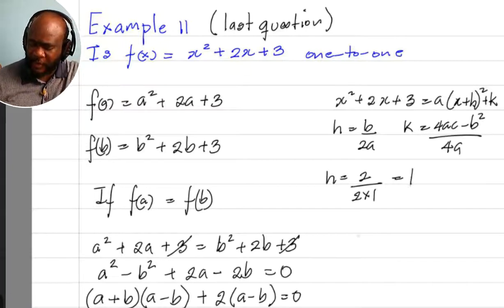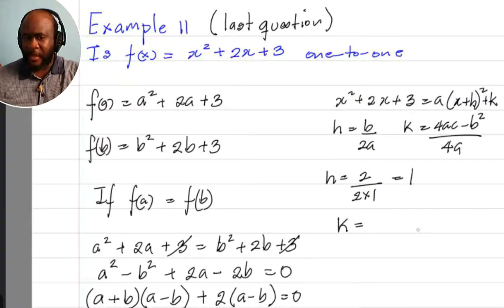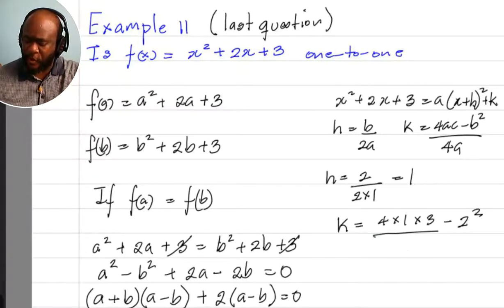H is 1. K is equal to 4 times 1 times 3 minus 2 squared all over 4 times 1. This is equal to 12 minus 4 over 4.